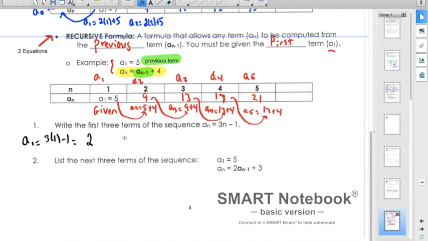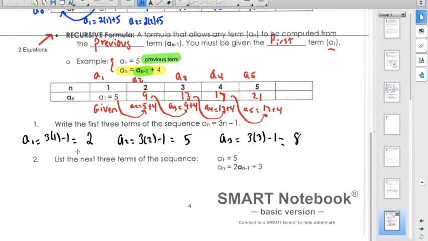There's my first term. How about my second term? A sub 2. It's going to be 3 times 2 minus 1. 3 times 2 is 6. 6 minus 1 is 5. And my third term, a sub 3. That's going to be 3 times 3 minus 1. And that's going to be 8. Okay. So there are my first 3 terms.